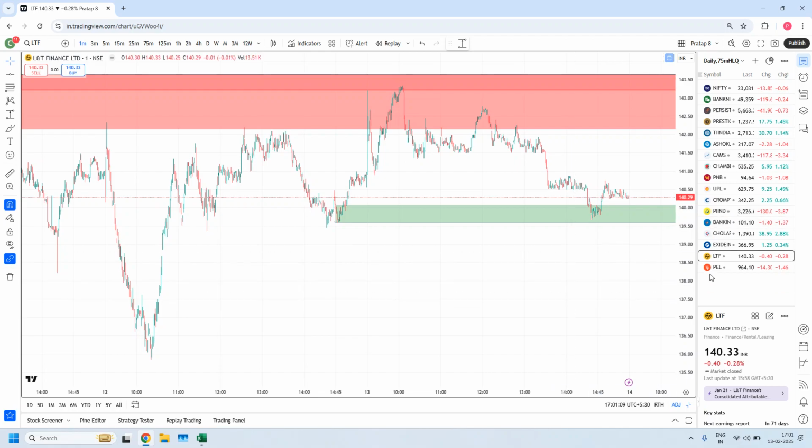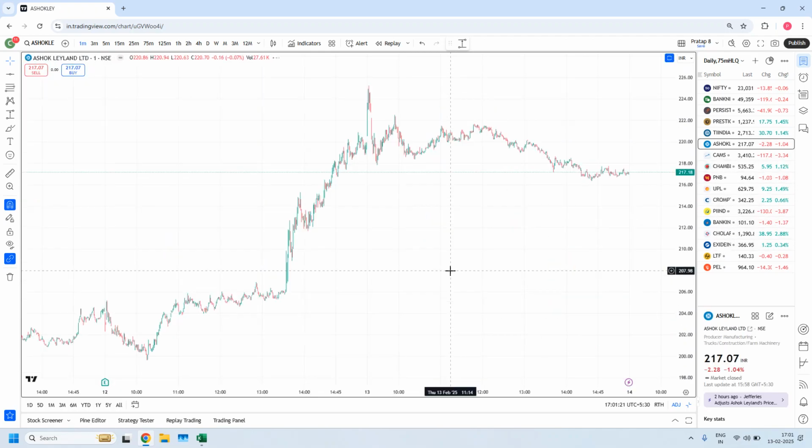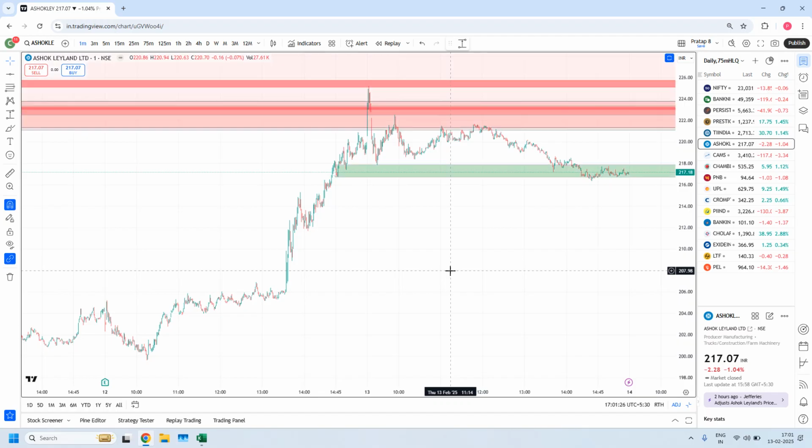So what is that mistake I did? Let me explain. I know why I made this mistake, but a mistake is a mistake, whatever the reason it is. Ashok Leyland is a daily high liquidity zone.